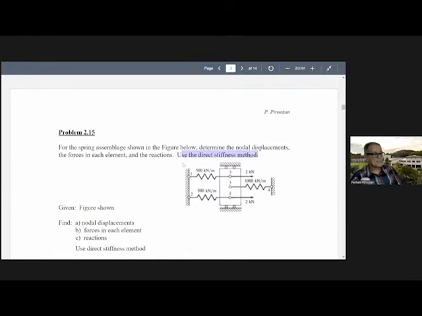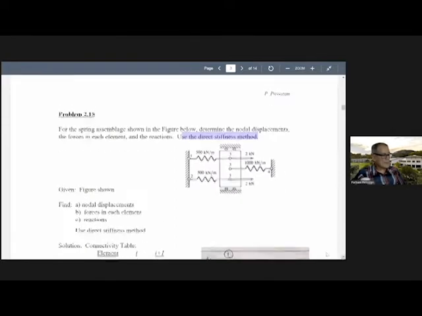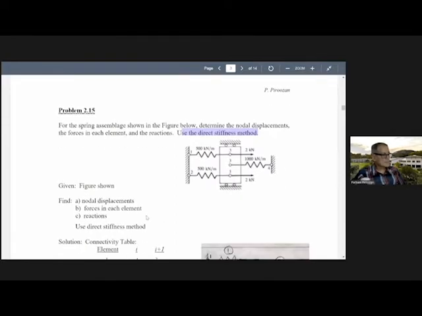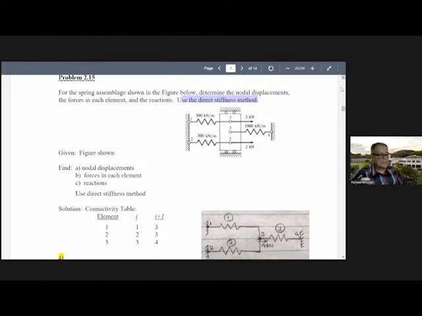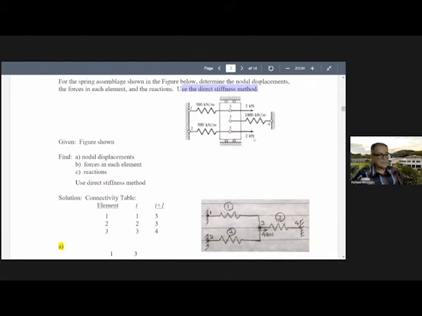We will see what we mean by the direct stiffness method. So here, again, we want to find nodal displacements, forces, and reactions. The first step is always to discretize the geometry. We are given this system. Discretize. So this is our finite element model.